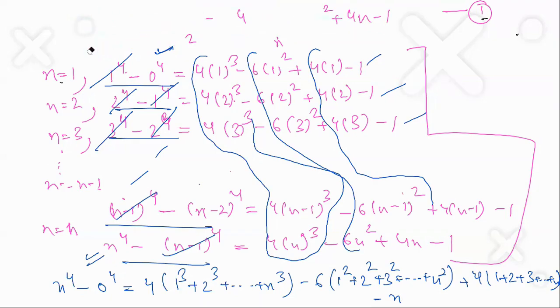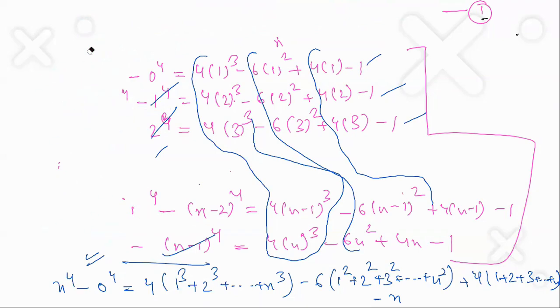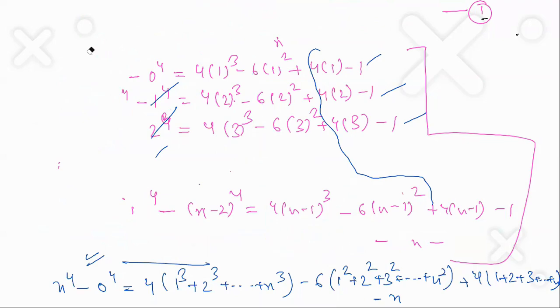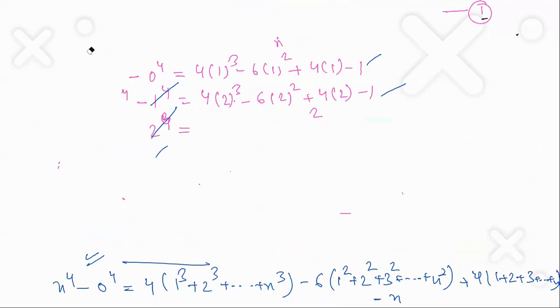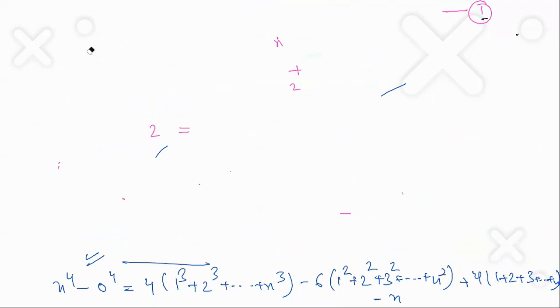Now after this, please note a very important thing. In the previous videos, we talked about the sum of the squares of n natural numbers, and we have talked about the sum of n natural numbers. First of all, see this: 0 raised to the power 4 is nothing.